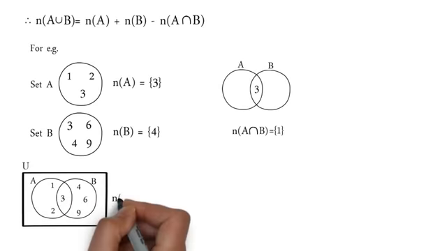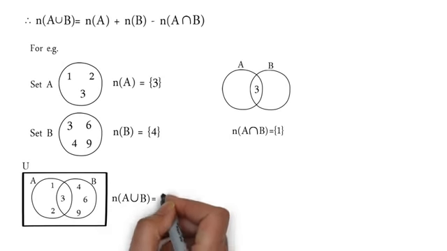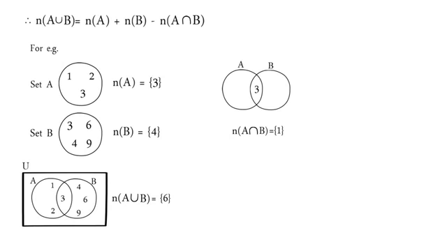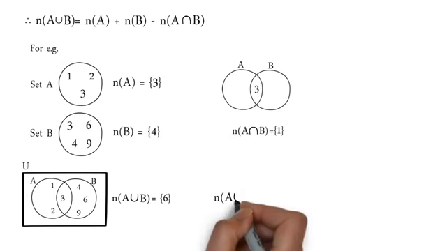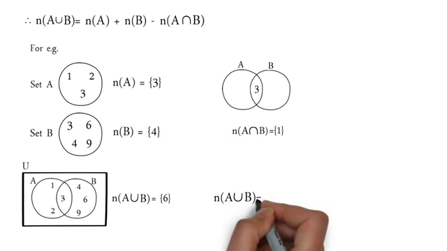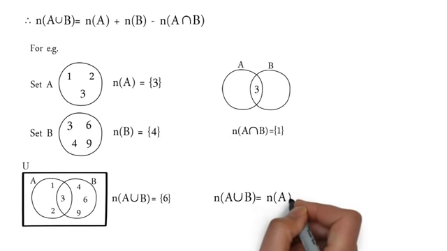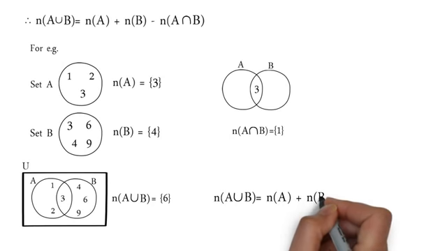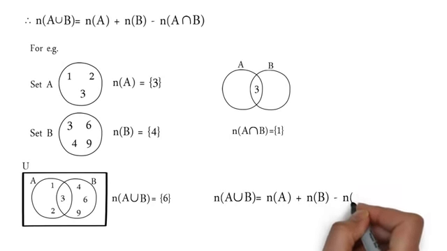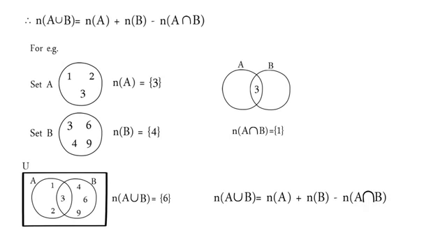Here the number of elements in A union B is equal to 6. Therefore, number of elements in A union B is equal to number of elements in A plus number of elements in B minus number of elements in A intersection B. That comes to 6, which is 3 plus 4 minus 1.